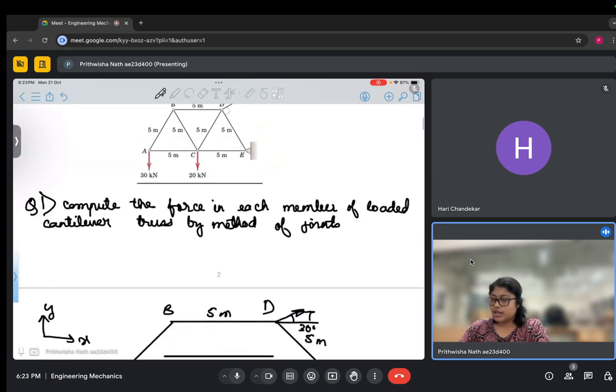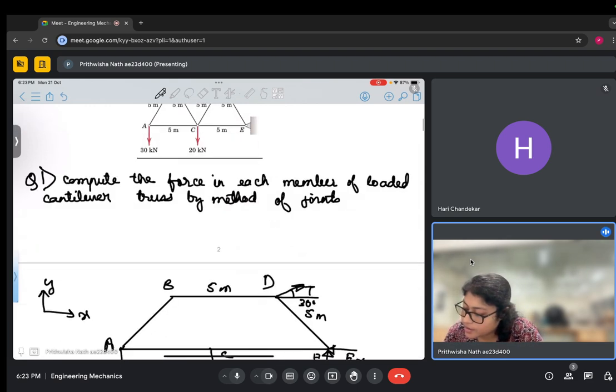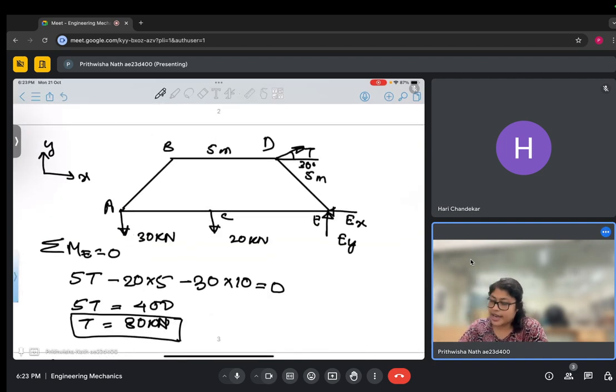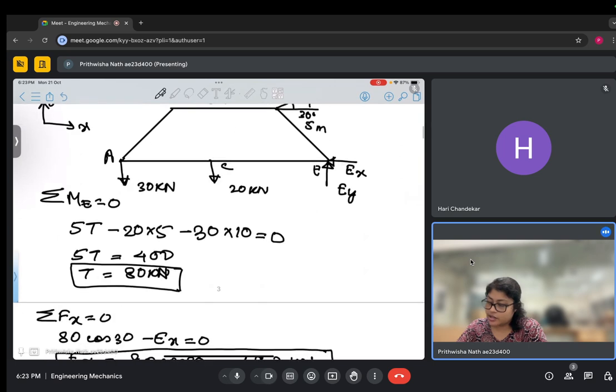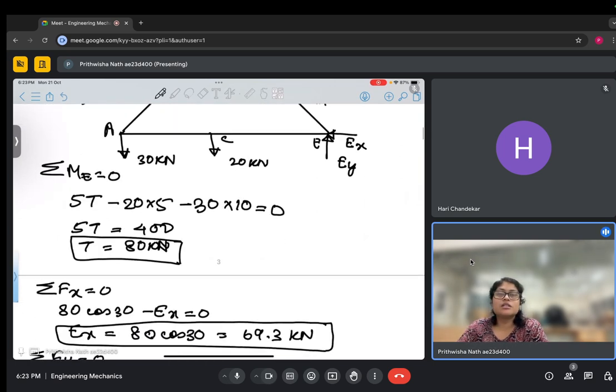So first we calculated the tension by calculating the moment about the point E, and from there we got tension as 80 kilonewtons, and we considered the equilibrium of the truss as a whole.